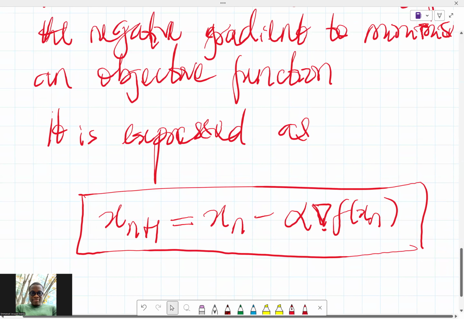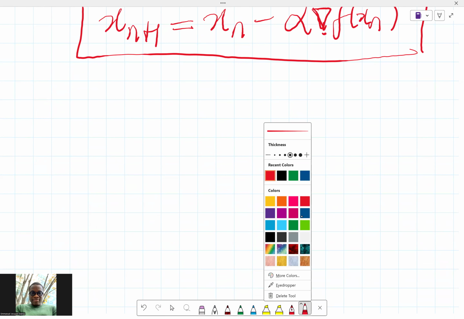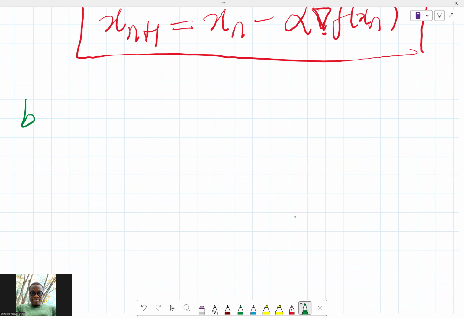Then we have another example, which is called Newton's method. Now, this Newton's method bears close resemblance with the Newton-Raphson method for root finding. But here we are not just talking about root finding, we are talking about optimization. But if you look at the formula, they have a kind of similarity.